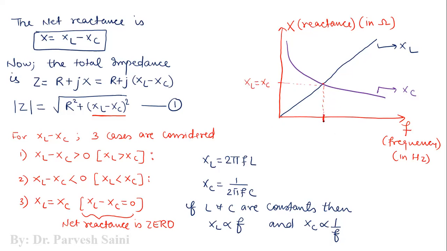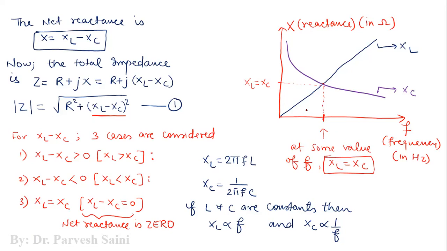So this is the frequency value. That means at some value of frequency F, XL is equal to XC. This is one way basically. Now we call this some frequency which we will discuss later on.